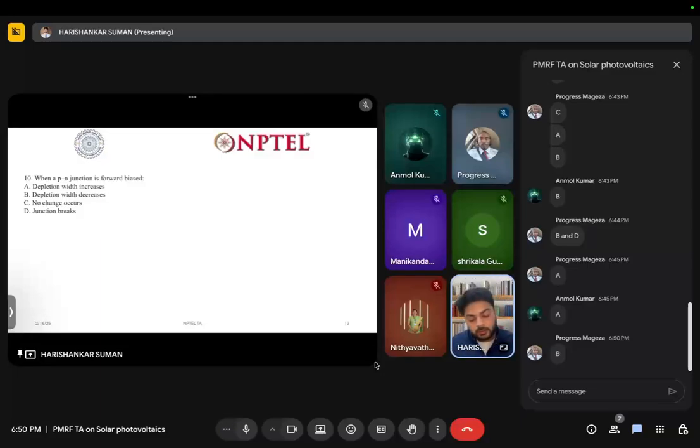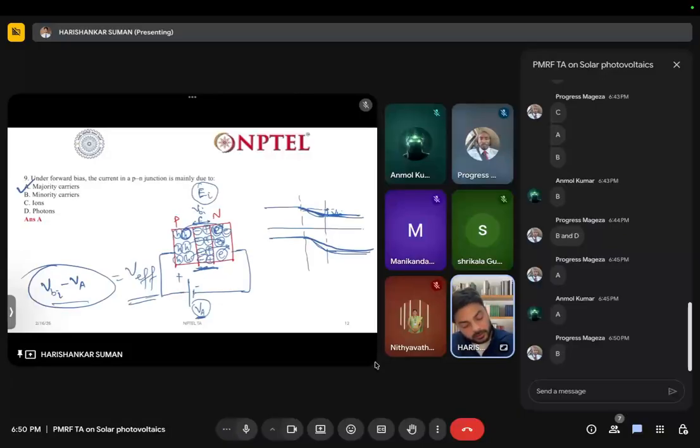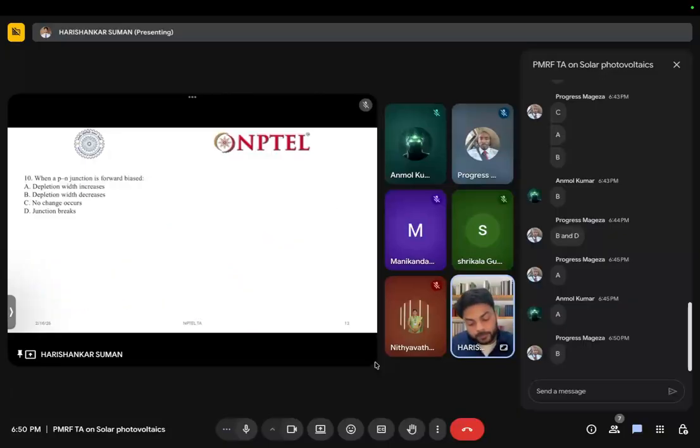This width decreases, due to the external force. Okay, so check your answer. B is the correct answer here.